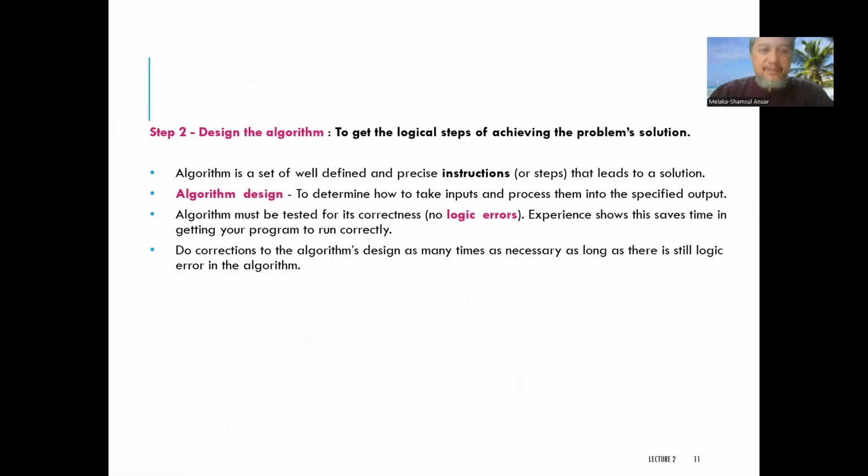Okay, the second part of the problem solving is to design the algorithm to get the logical steps of achieving the problem solution. An algorithm is a set of well-defined and precise instructions, or steps of procedure, SOP, that finally leads to the solution. Algorithm design determines how to take inputs and process them into the specified output.